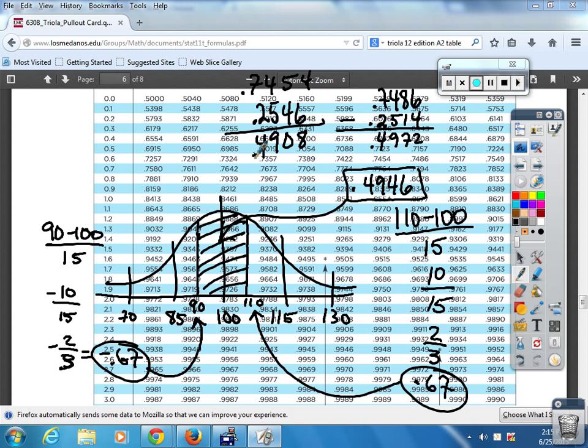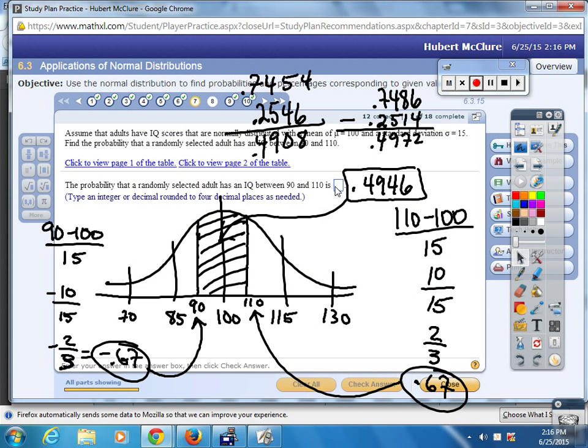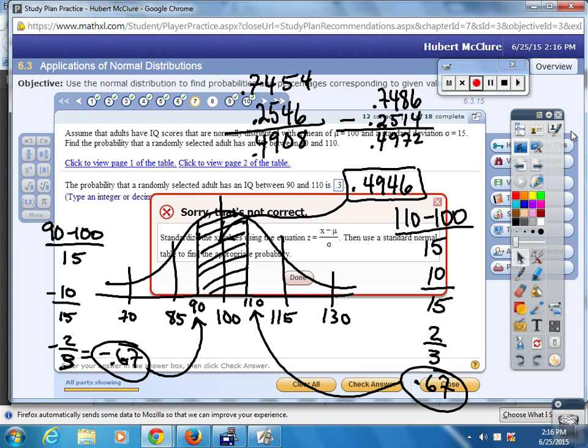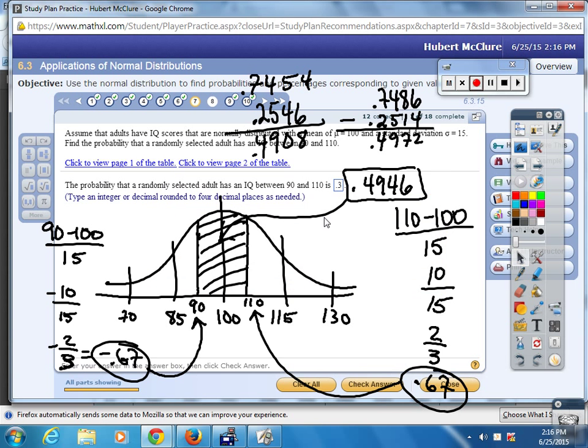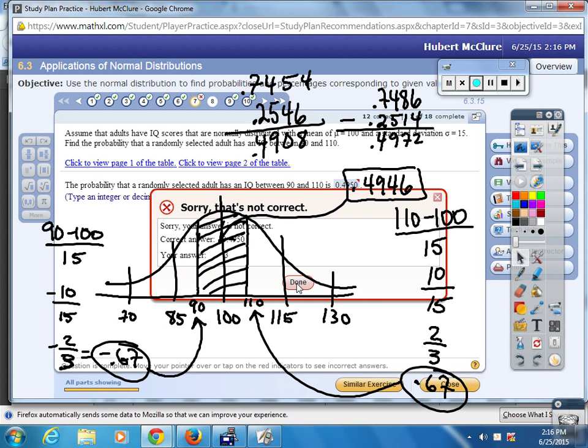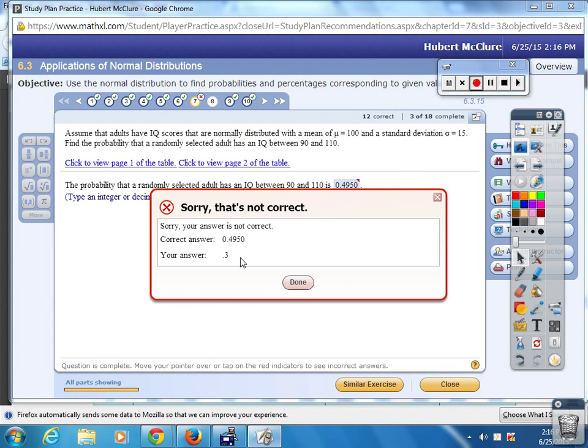Okay. So I got 0.4946. I'm going to just say a different value and see what their tolerance is. 0.4950.